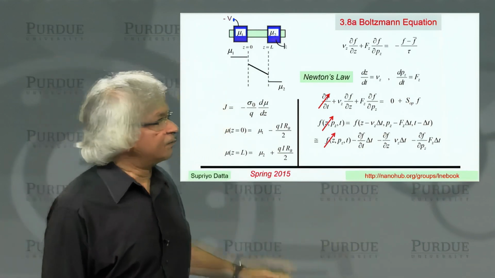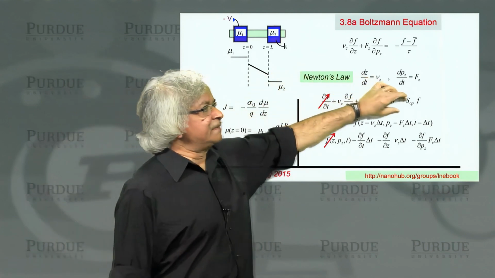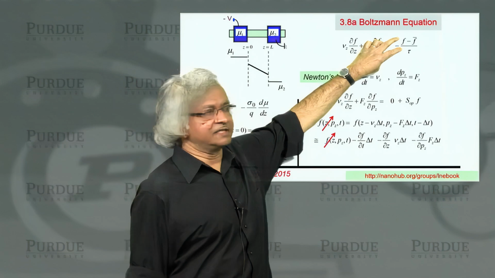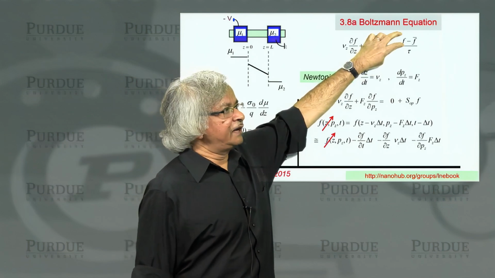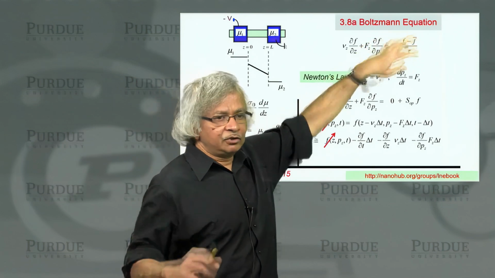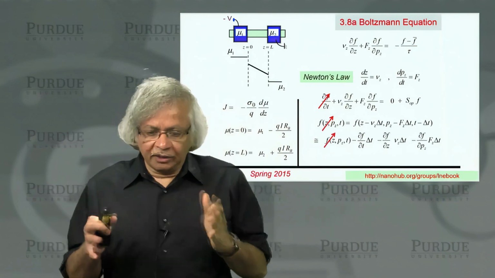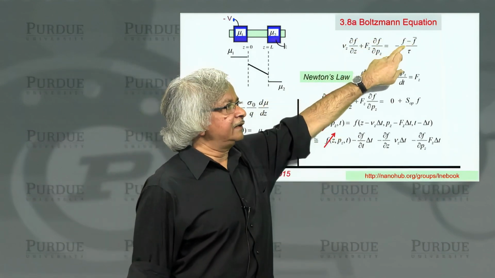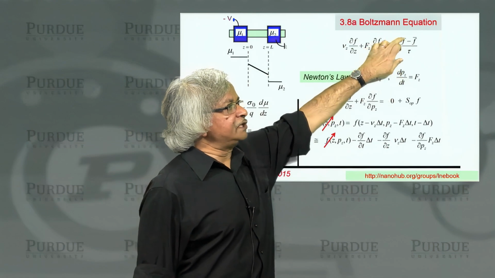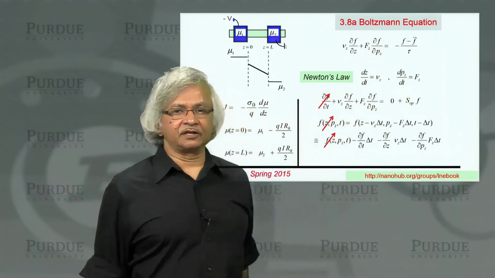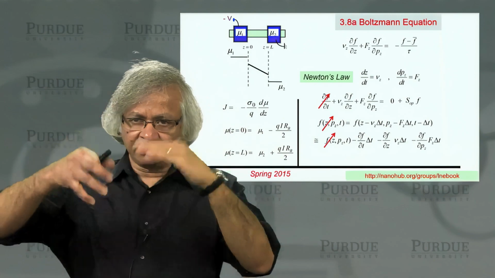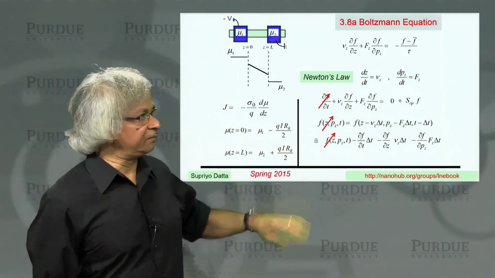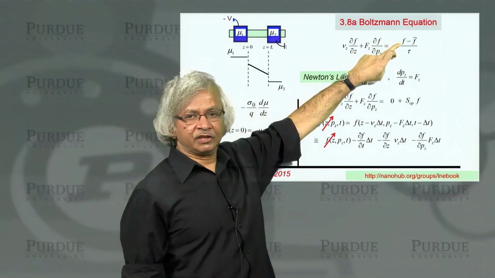Of course, the precise nature of the scattering operator requires a lot of discussion in general. For our purpose, we'll assume a very simple form for this scattering operator. We'll assume that all the scattering does is take the F and try to restore it to a local equilibrium F, which we call F bar. If F is equal to F bar, then the scattering processes do nothing. That is, if locally the distribution looks like equilibrium, the scattering processes won't do anything and the term goes to 0.